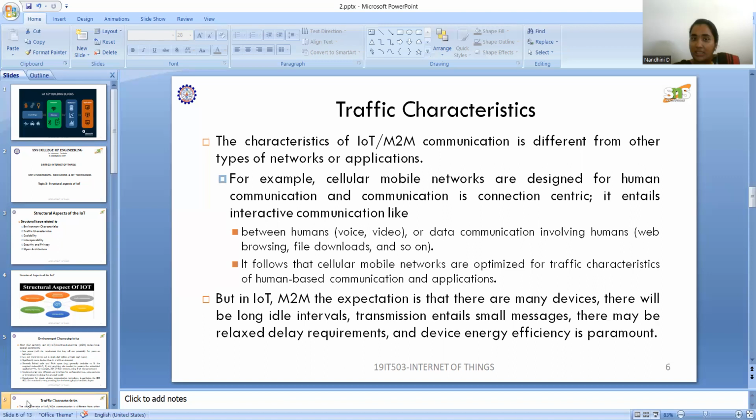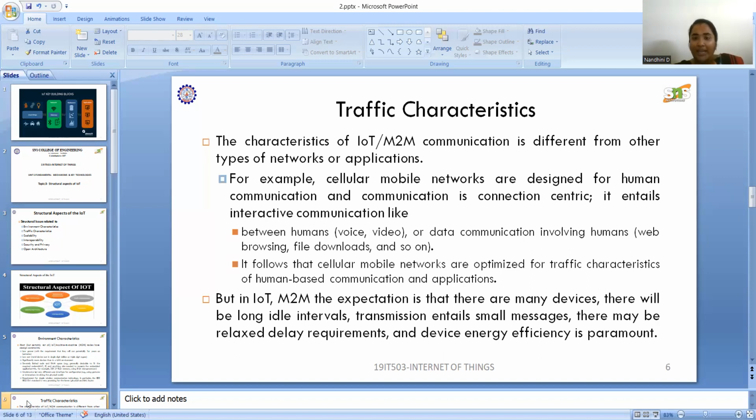Next one we are going to see is traffic characteristics. In traffic characteristics, we are going to see some types of networks or applications. The first one is, for example, cellular mobile networks, which are designed for humans only, to communicate with each other, which is human-centric. It is easily used to interact and communicate with people.